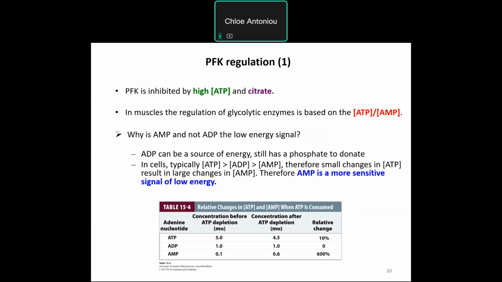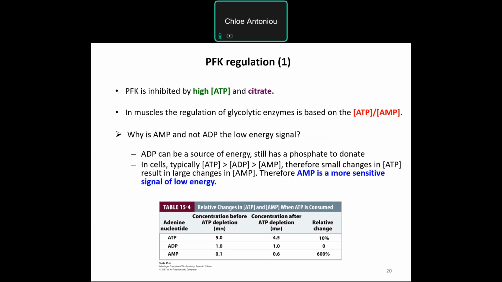So when you have 100 people in the class and 2 are missing, are you really going to notice? No. But when there are 10 people in the class and 2 are missing, are you going to notice? Probably yes. It's a relatively bigger change. Same goes here. Because the change in AMP is relatively bigger, the ATP to AMP ratio is the most sensitive signal for glycolysis. The cell doesn't just sense how much ATP I have. It actually senses how much ATP I have, how much AMP I have, and how the concentrations changed.